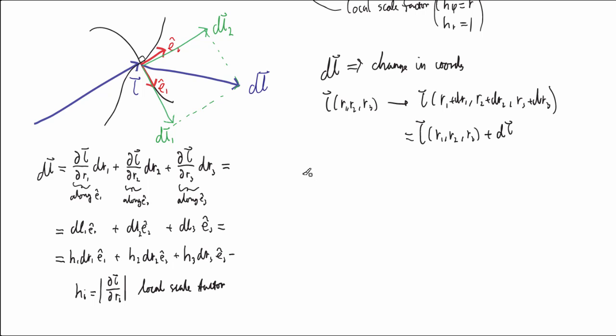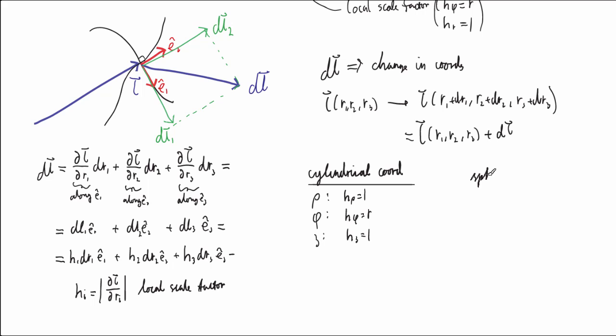We can then show, I'm not going to do it, but it can be shown pretty easily, that for the curvilinear coordinate systems that we use the most, that's the cylindrical and the spherical coordinate systems, the local scale factors are the following. Cylindrical coordinates: the coordinate variables are rho, phi, and z, and the corresponding scale factors are 1, r, and 1.